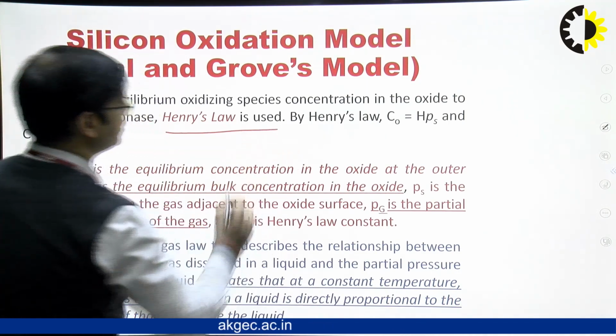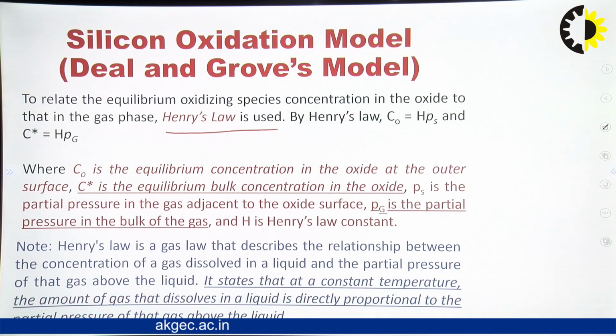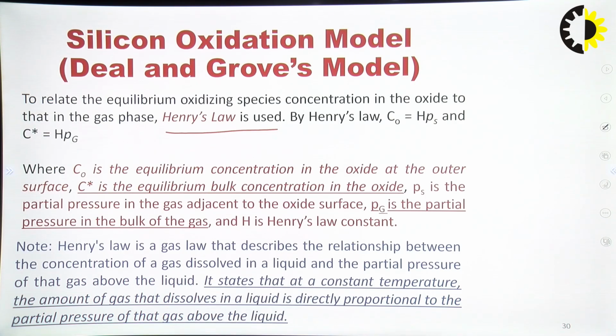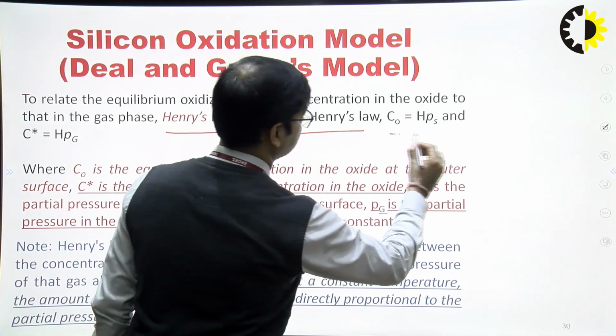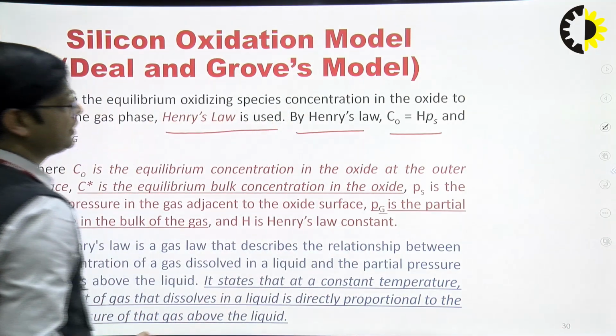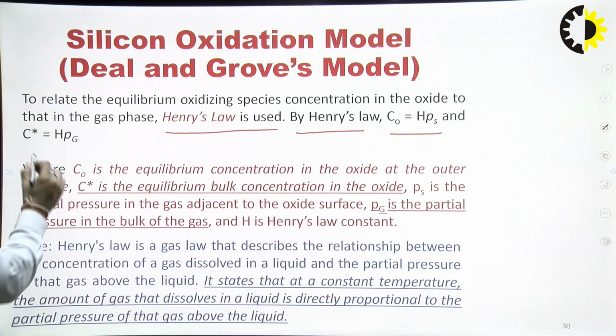Henry's law is used here to relate the equilibrium oxidizing species concentration in the oxide to that in the gas phase. By Henry's law, C naught is equal to H into Ps and C star is equal to H into Pg. First of all, let us see what Henry's law is.